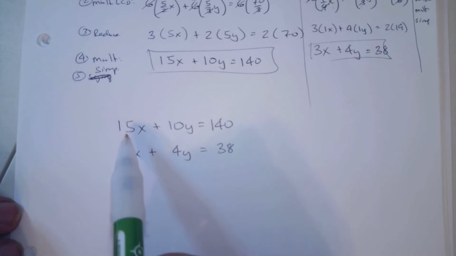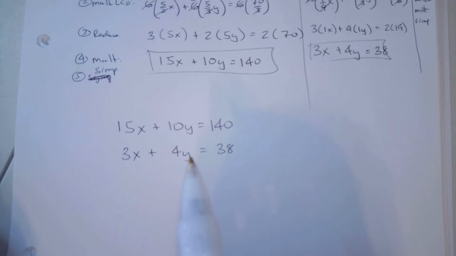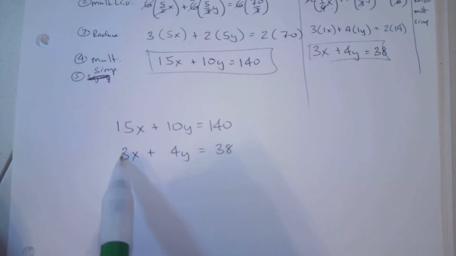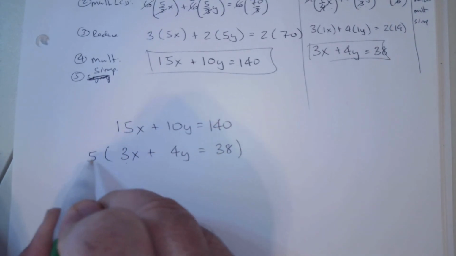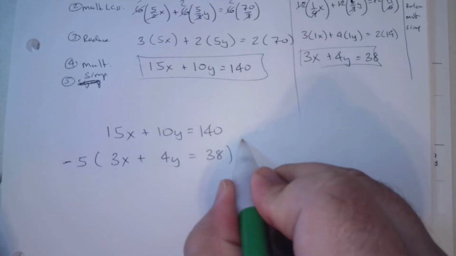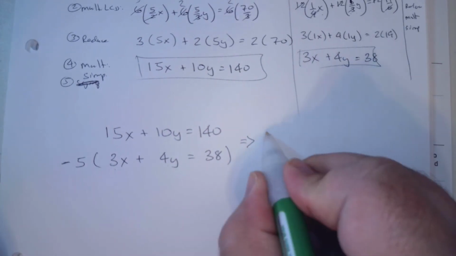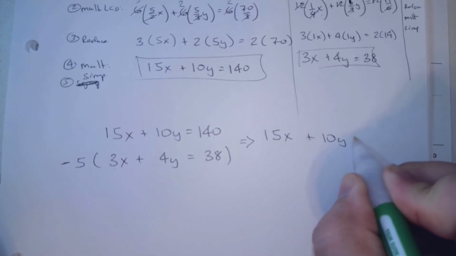Remember, it has to have the same numbers in front, but different signs. This would be easiest because all I have to do is multiply by 5. 3 times 5 is 15, but it has to be negative.